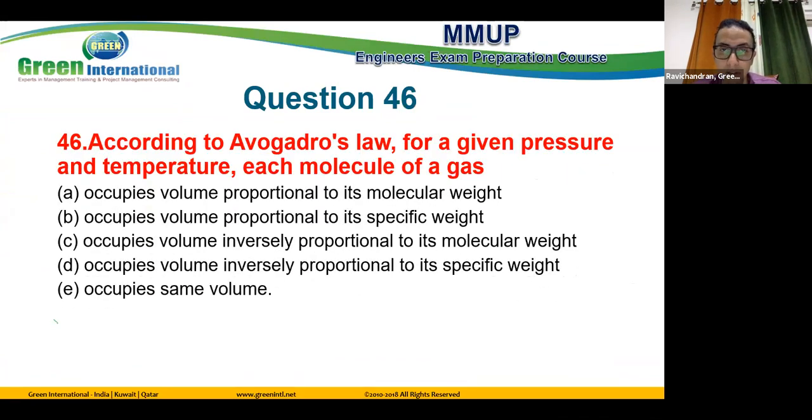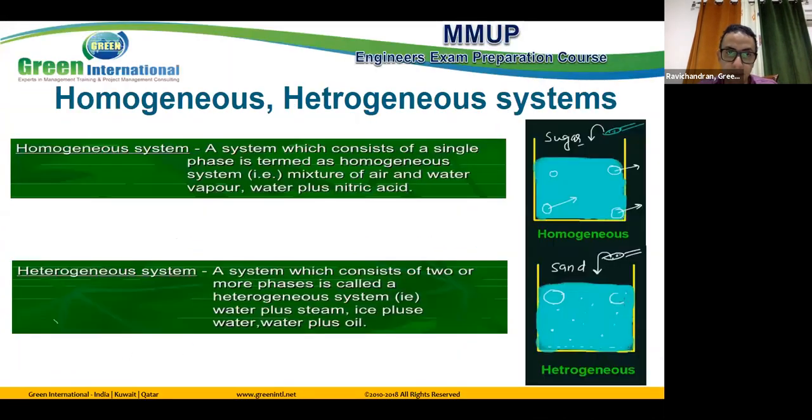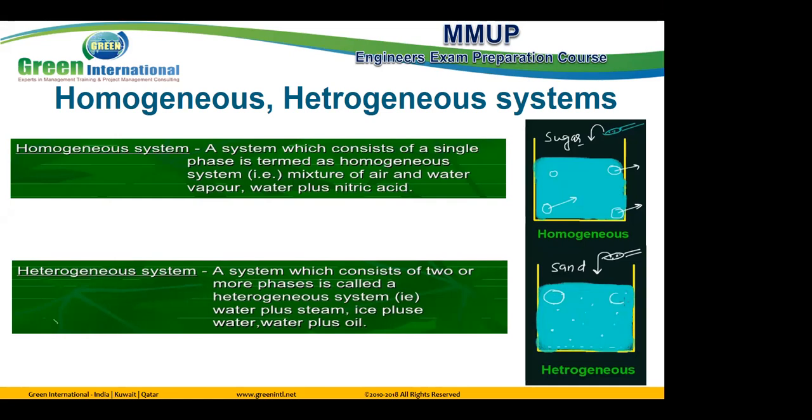According to Avogadro's law, at the same pressure and temperature, each molecule of a gas occupies the same volume, as per definition. Homogeneous and heterogeneous system: what's the difference between these two? A homogeneous system consists of a single phase. We add different items together, but at the end the mixture is one phase.